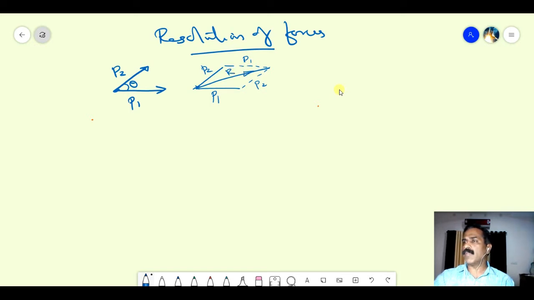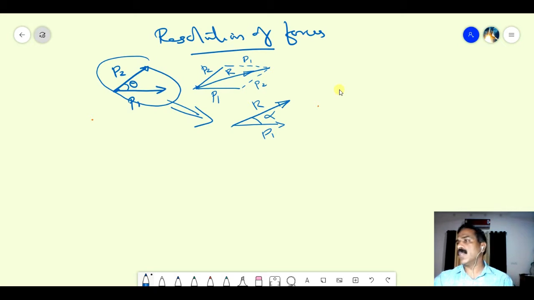Or in other words, this can be represented as a single force R at an angle alpha with the horizontal, or with P1, and the equation for the magnitude of this resultant is R equals square root of P square plus Q square plus 2PQ cos theta.